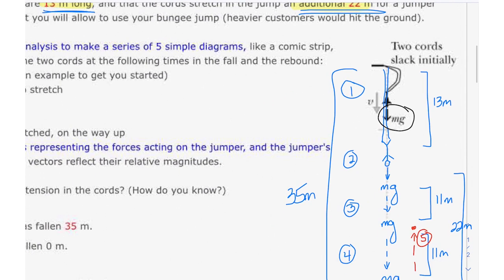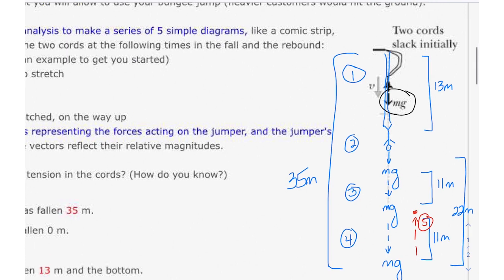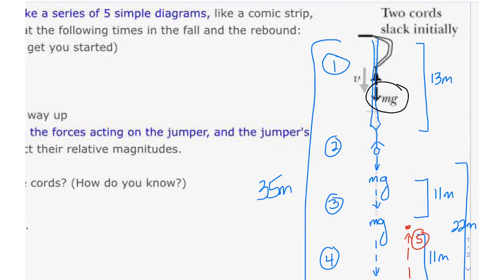But then as we pass through that just-starting-to-stretch point, moving into diagrams 3 and 4, as those cords start to stretch, we have an mg pulling down, but we also start to have a spring force pulling up, an opposing force of negative kx. So it's your spring constant times your displacement, and that'll be opposing that mg at each stage.